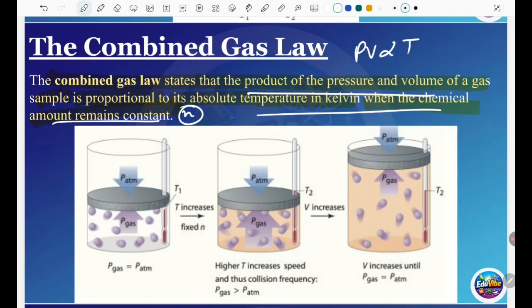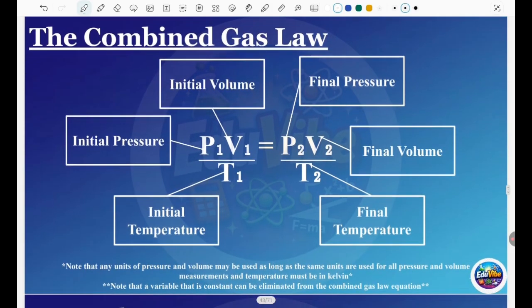We use n in the next law, the ideal gas law. So in this, we just know that the product of PV is directly proportional to the temperature, which is T.